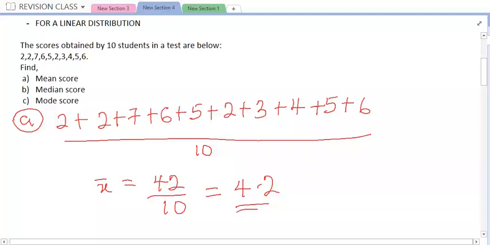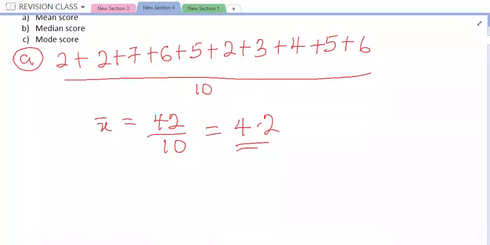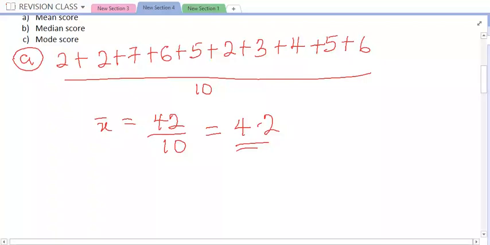Then the next question says we should calculate the median. Now, if we want to calculate the median, the first thing you need to do is to rearrange the data in ascending order, in increasing order. So the least data there is 2. How many times do we have 2? 3 times. So you have 2, 2, 2.